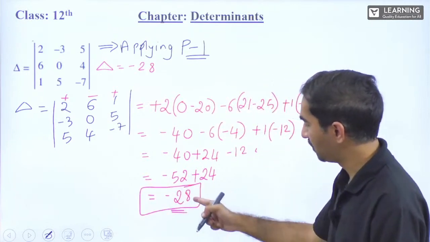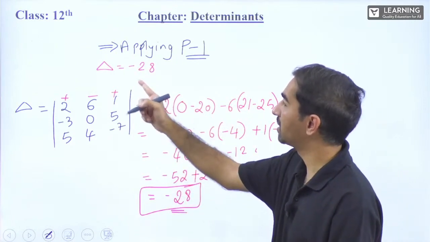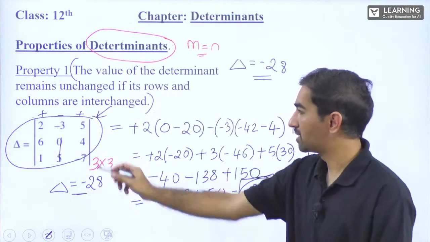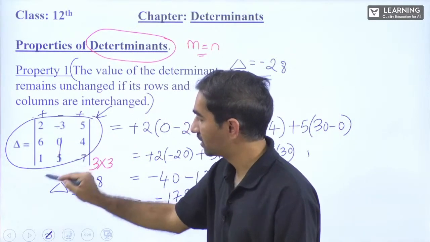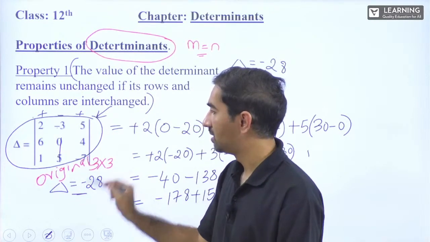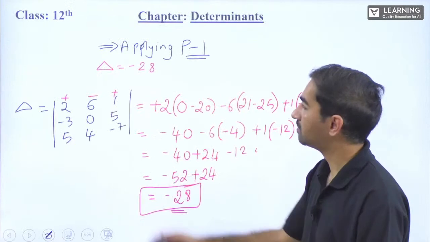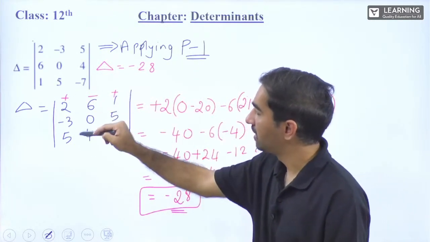So you see this value, minus 28. What was the original value we had? Minus 28. Where did we get this? In the previous example, where this is the originally given matrix. But here we applied property 1 and got this determinant.